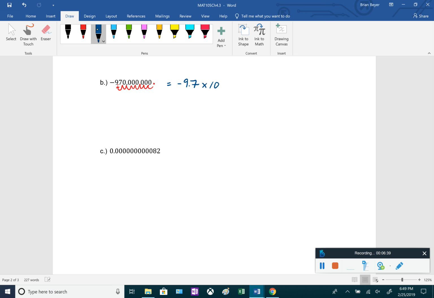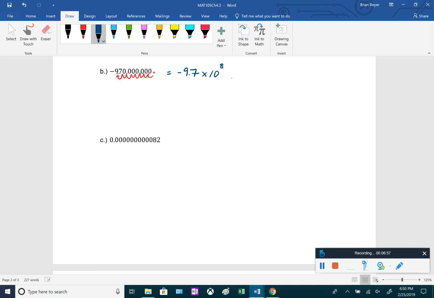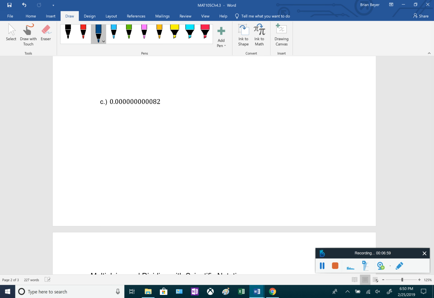Times 10. And then we moved it to the left. We know it's going to be a positive exponent. We have to count how many spots we moved it over. 1, 2, 3, 4, 5, 6, 7, 8 it looks like. So it's going to be negative 9.7 times 10 to the 8th.